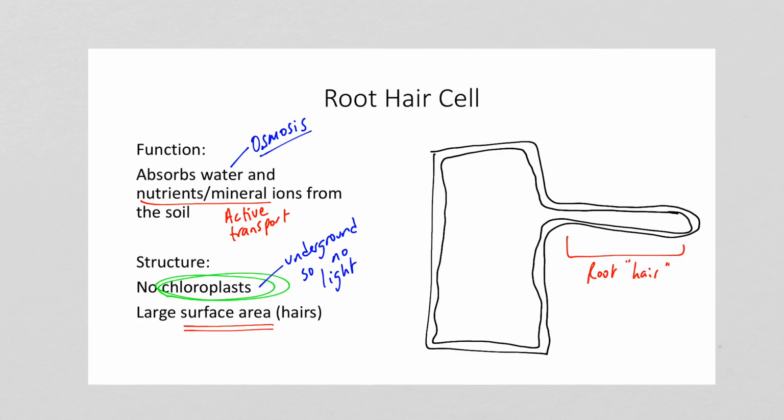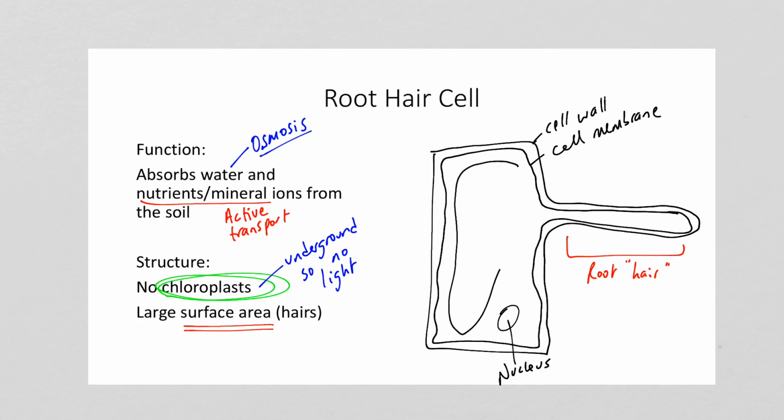You have your cell wall, your cell membrane, your nucleus, and your vacuole. The vacuole here is going to be very big and will typically extend into that hair. So that root hair is the thing that increases the surface area. By having a bit that can stick out into the soil, it's more likely to be able to get the water and the mineral ions or nutrients that it needs.